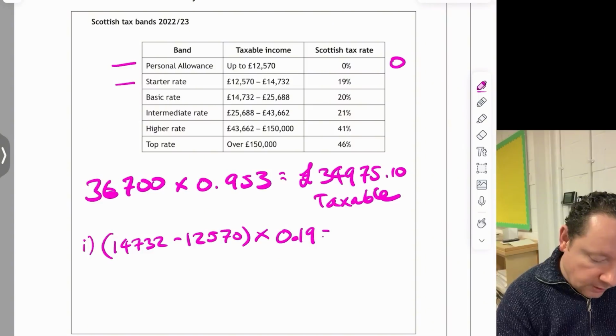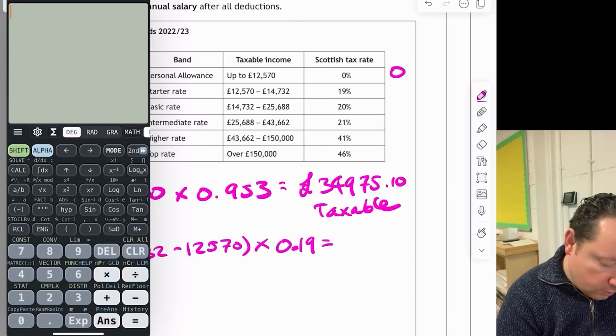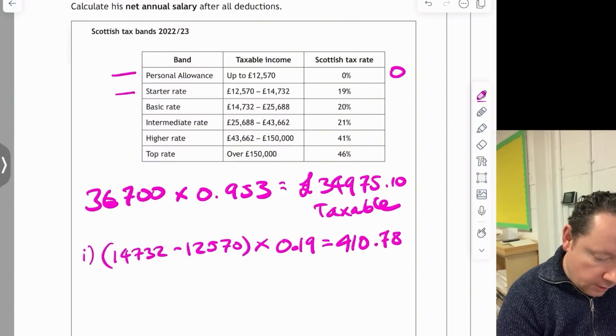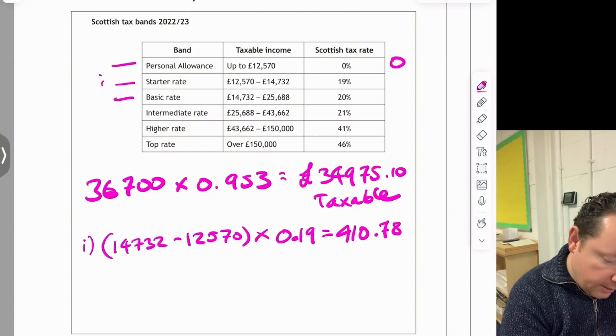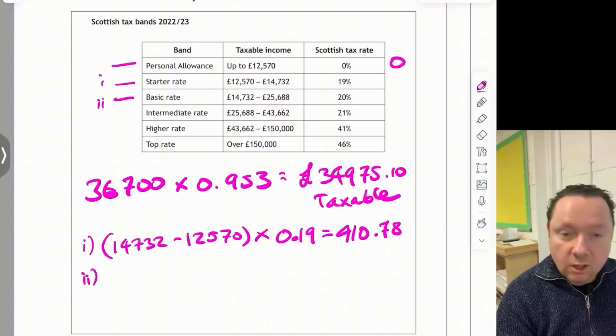Now usually we just work these out separately instead of one big sum, so I'm going to do that one there. 14,732 minus 12,570, you can put brackets around that or just press equals, times 0.19, and you get 410.78. So I'll just take a note of that, 410.78, and then we'll do our next one. Our next one is this one. For the next band, again, the highest there is 25,688, which is still below his salary.